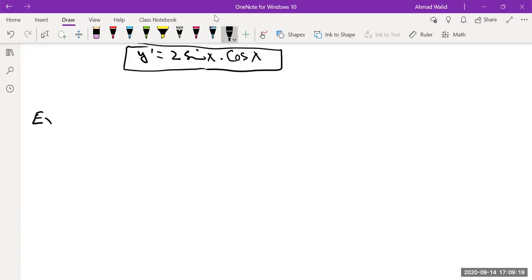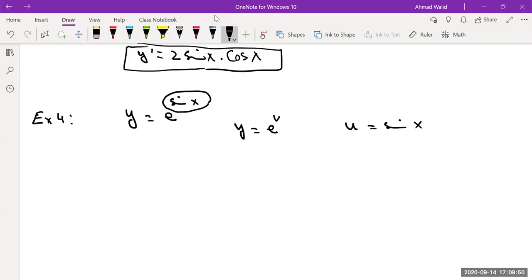Example 4. y equals e to the power of sine x. First of all, is this a composite function? Yes. What I do here, I name my exponent u, correct? My u is equal to sine x, and y equals e to the power of u.